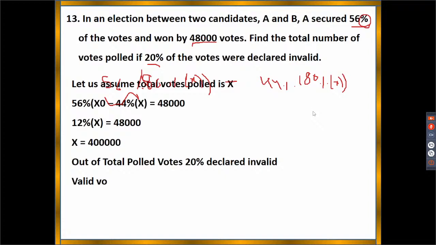Okay, but X is only valid. So it means that 80% of total votes is equal to 4 lakhs. X, the total votes, is equal to 4 lakhs into 100 by 80. Do it fast.